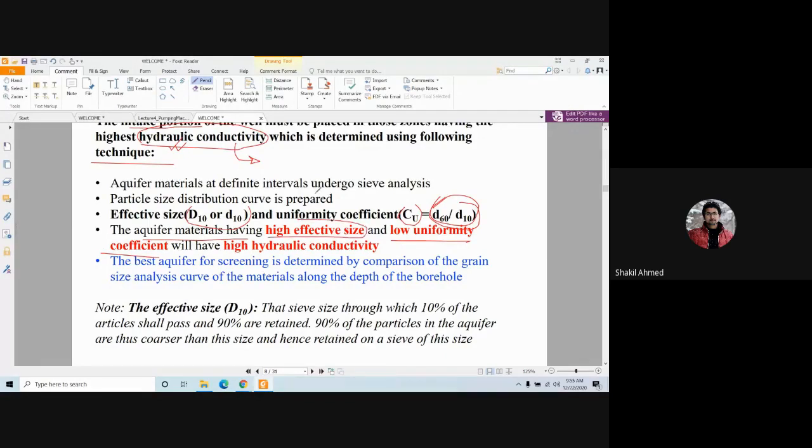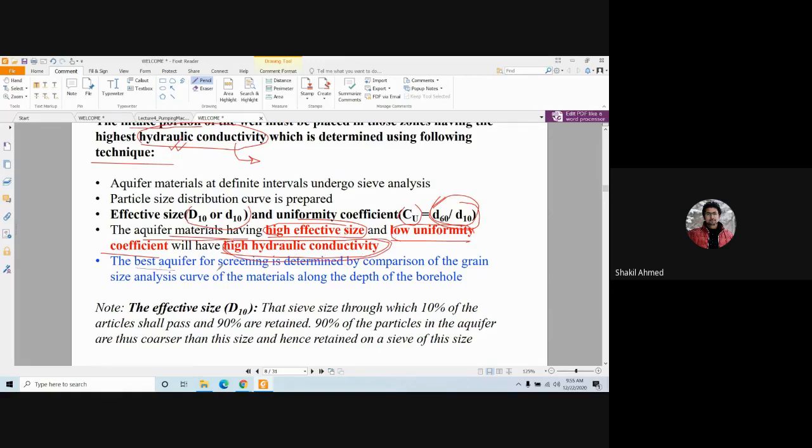I already told you the larger particle will have larger pores, and so high hydraulic conductivity. Did you understand the meaning of this sentence now? Yes, sir. The aquifer materials will have a low uniformity coefficient, that means non-uniform, and a high effective size, that means larger particles, and then it will have high hydraulic conductivity.